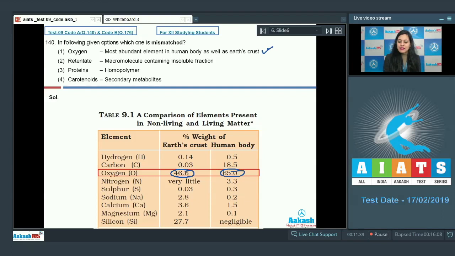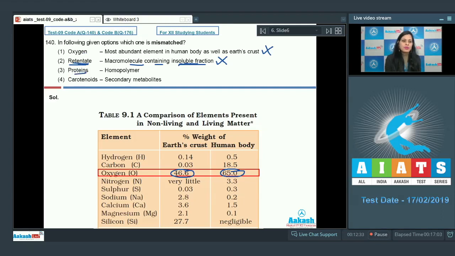So it is a correct match and cannot be the answer. The next option is retentate, macromolecule containing insoluble fraction. This is also a correct match, because micromolecules containing soluble fraction are present in the filtrate or acid soluble pool, whereas macromolecules containing insoluble fraction are present in the retentate or acid insoluble pool.